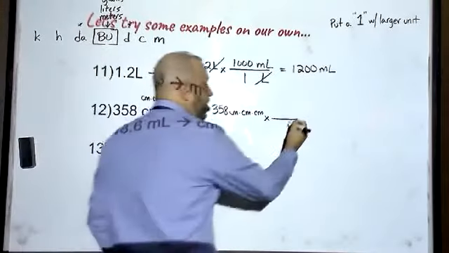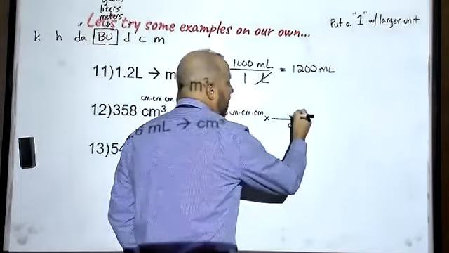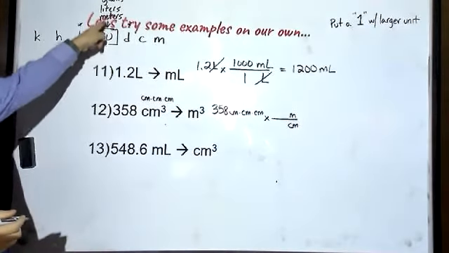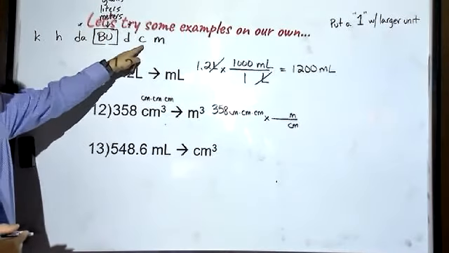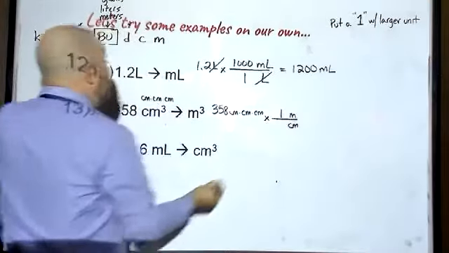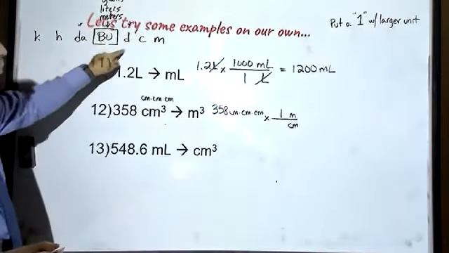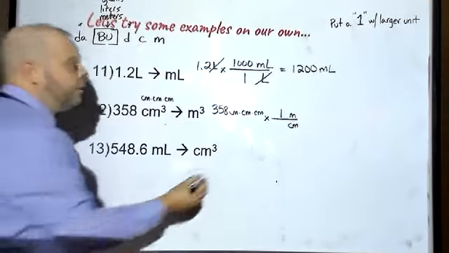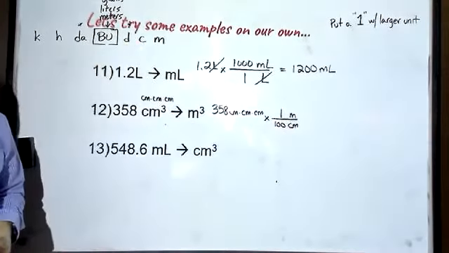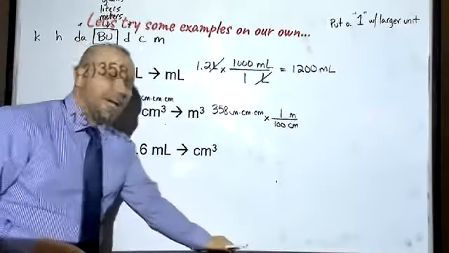So I'm going to meters cubed in this problem. So I'm going to say, okay, centimeters goes on the bottom, meters goes on top. Here's meters, it's under base unit. Centimeters is down here. So meters is the larger unit, so that's going to get the 1. Centimeters is 1, 2 spots away, so that's going to get a 1 with 2 zeros. But here's the catch.